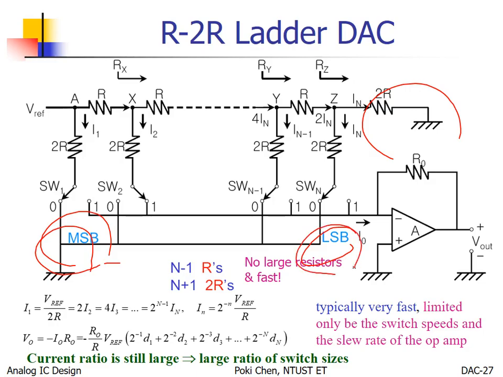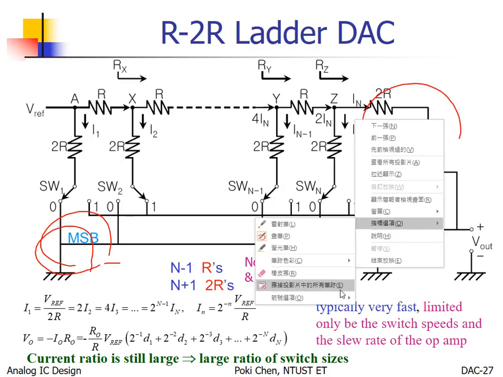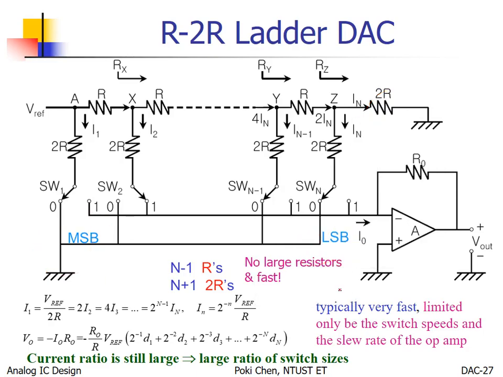Okay, from LSB, you have 2R here. The other 2R there, right? So never mind, the switch is to the left or to the right. To the left, 0. To the right, it's still 0, right? AC grounded. So these 2R and that 2R, actually, they are in parallel.